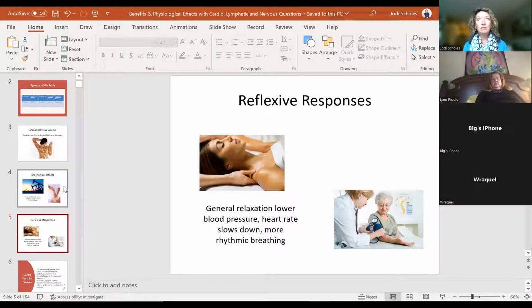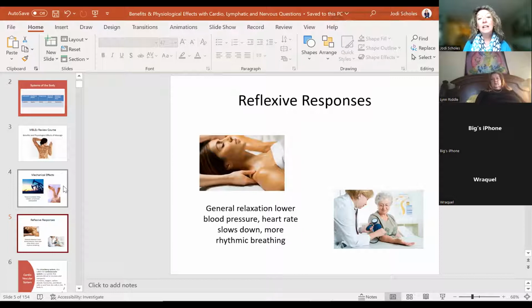You'll see the other examples here. Lowering the blood pressure. Do we think about lowering our blood pressure? Well, sometimes we can ohm, right? But our body has to self-regulate. And that's what a reflexive response is. Lowering the blood pressure, lowering the heart rate, slowing it down, more rhythmic, slower but deeper breathing. Those are reflexive responses.